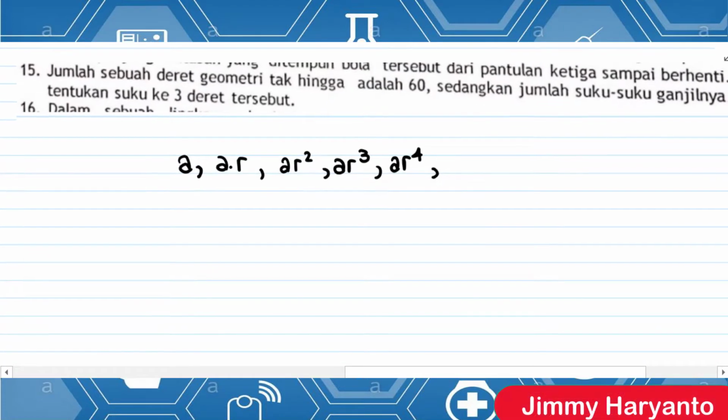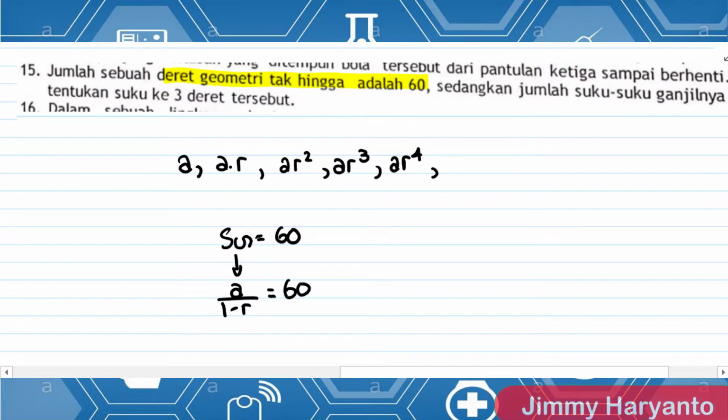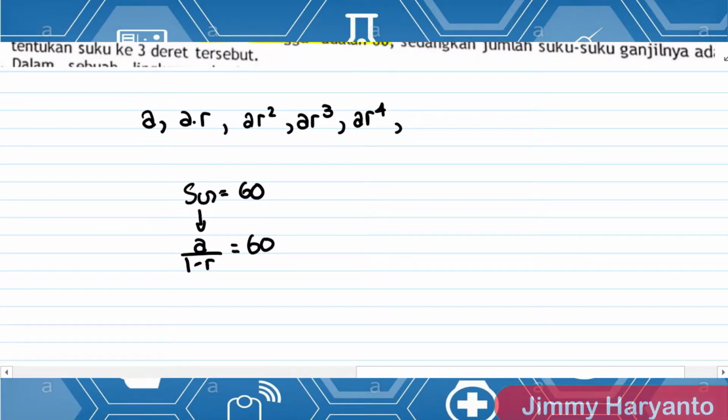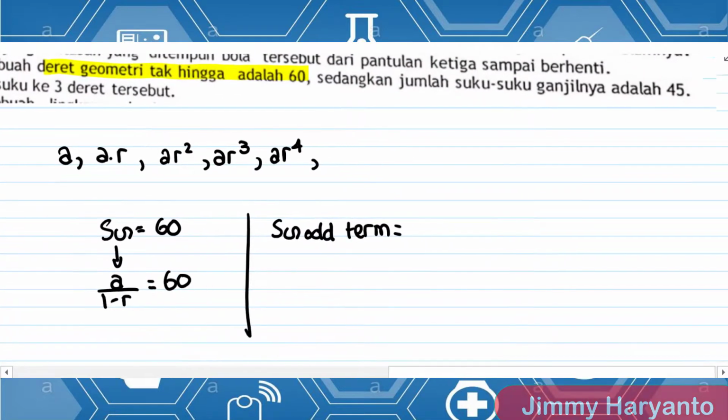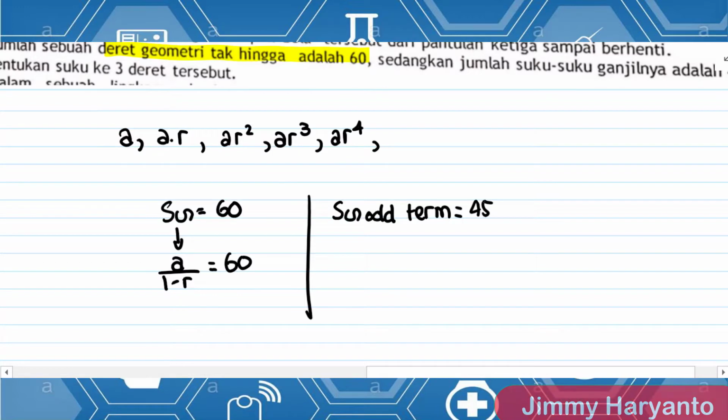After that, the question says the sum of the infinite series is 60. So S infinite, which is A over 1 minus R, equals 60. We don't know the A, we don't know the R yet, so we will leave it like that. And then the sum of the infinite series for the odd terms equals 45. For the odd terms, the first term will be A, because this is the first term.